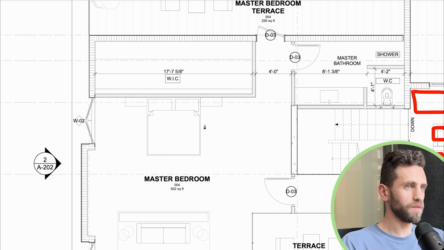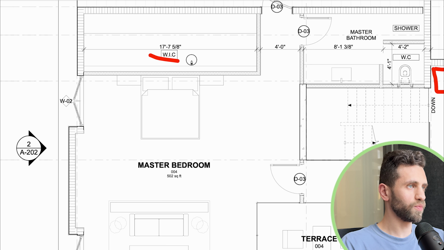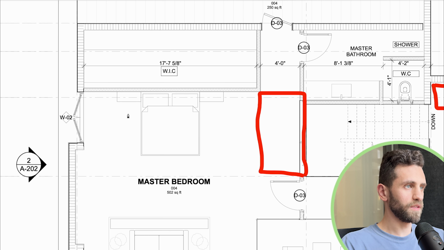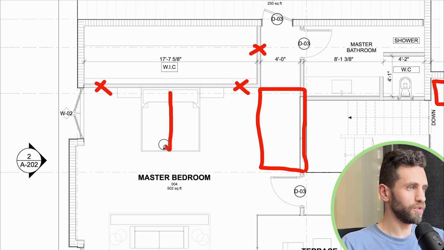Okay, here I see so much room for improvement. So this is walk-in closet. So maybe we can have the walk-in closet here, and then this is gonna be open closet. No walls here, no walls here, no wall here. So let's push this bit a little bit downward.